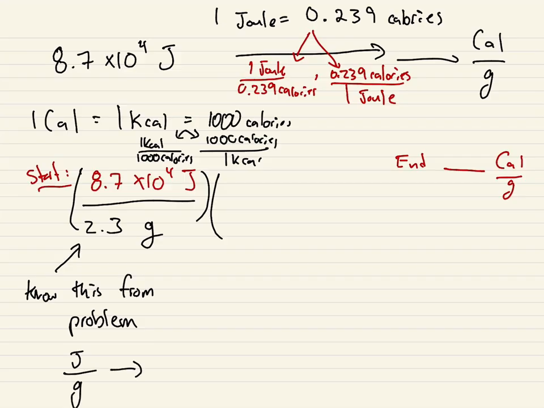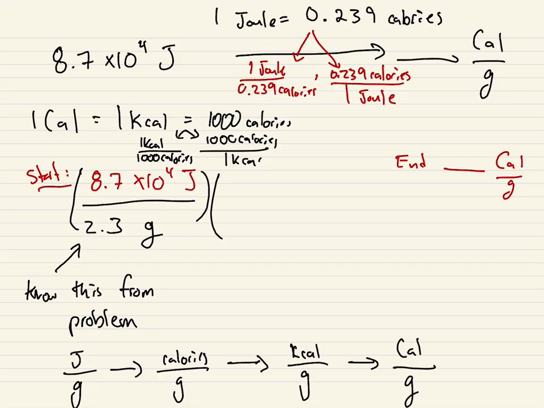What conversion are we given to go from joules to another unit? Lowercase calories, right? So then we're going to go from that to lowercase calories per gram. And then from that, we can go to kcal per gram, which is then very easily related to uppercase calories per gram, right?